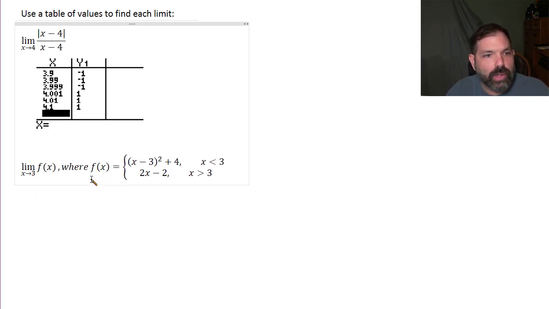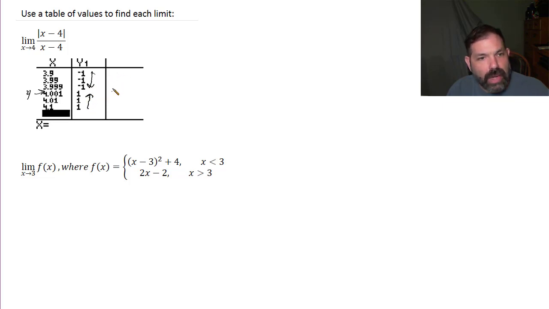All right, so notice that here, my x values are approaching 4, but I'm getting different results. The outputs are not approaching a single value. They're approaching different values depending on which side we're on. In a situation like this, these are approaching different numbers.